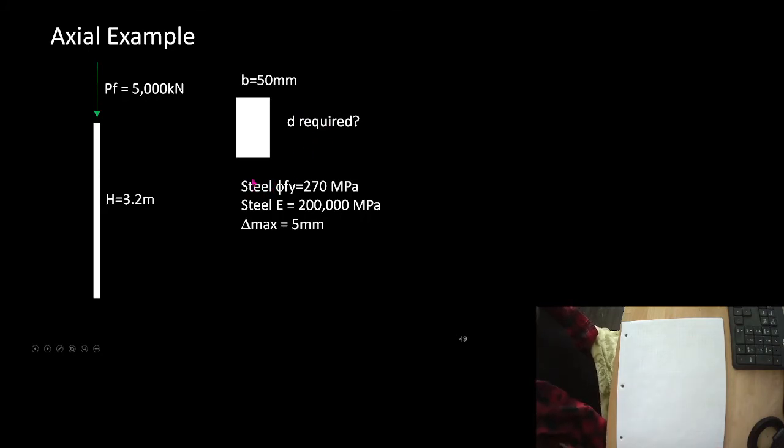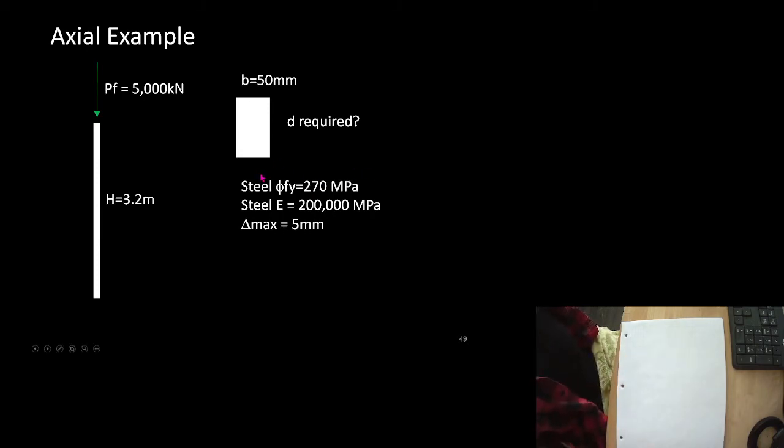We've been told that steel, this is our maximum steel stress we want to see. If it goes over this, we're assuming it's failed. Well, look at this. They've given me this term here, reduction factor times Fy equals 270. We're going to talk about where this came from later in the term. I'm just giving it to you now.